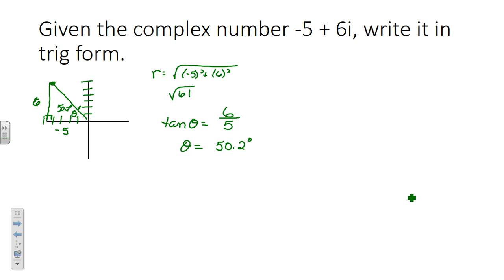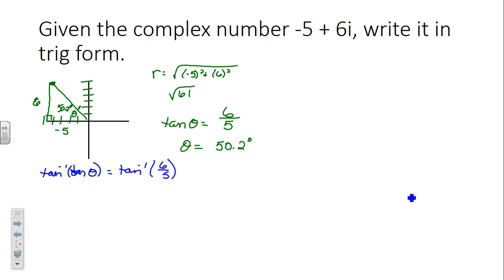So why would you use the tangent? Okay, so we have to use the tangent because the 2 parts we were given are the opposite and the adjacent. So we're going to say the inverse tangent of the tangent of theta is going to be equal to the inverse tangent of 6 over 5.